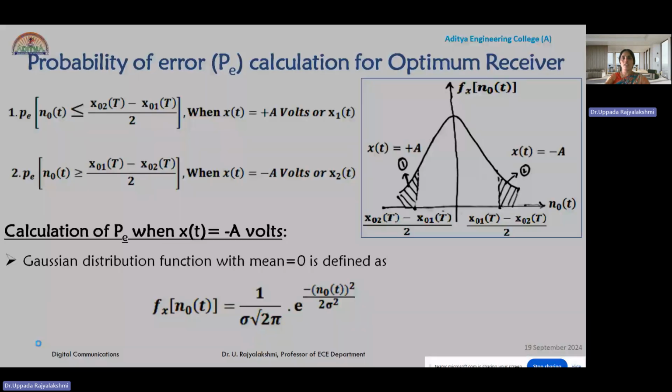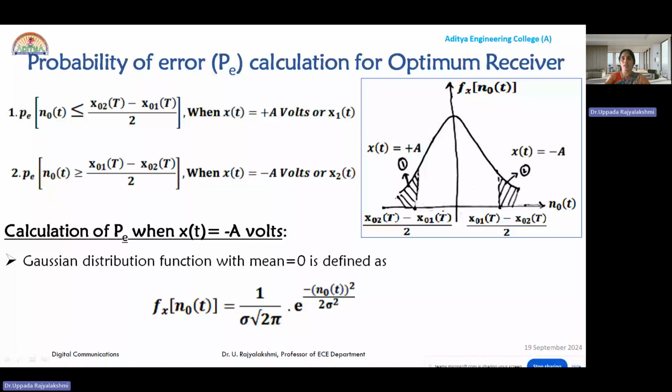In the figure, it is more clear. Here we are representing the PSD of the output noise n naught of t. The y-axis is the PSD, showing the input versus the output noise component. Here we are assuming the noise as Gaussian, which is why we have represented it as a bell-shaped distribution.